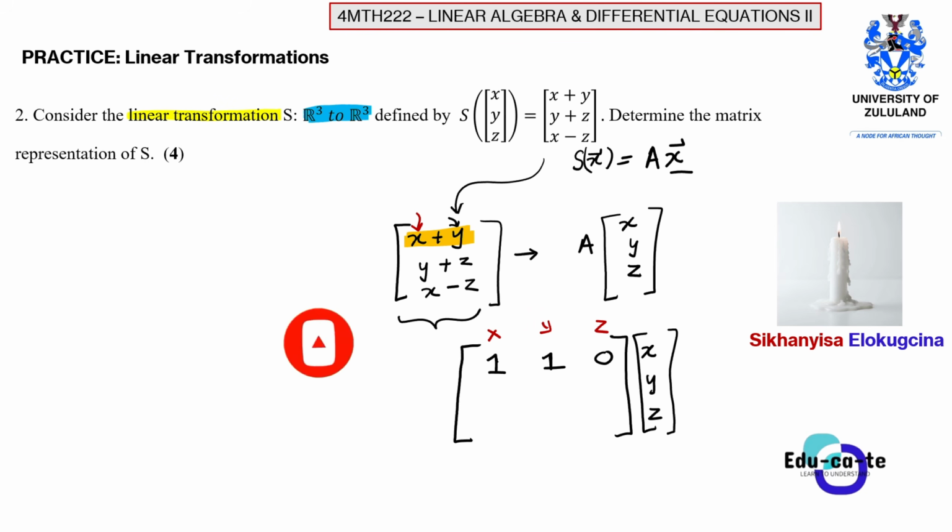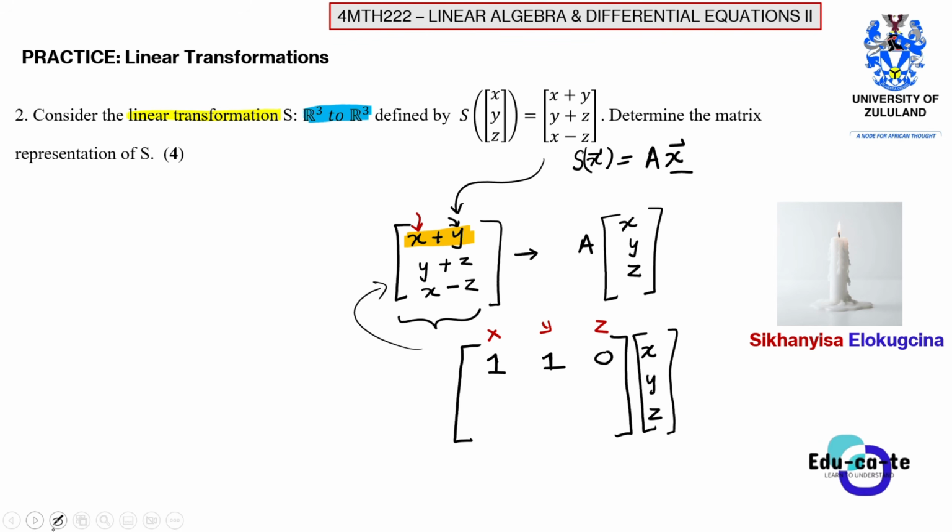If you do matrix multiplication, it must give you exactly that back again. Let's do it again for the second row. The second row is Y plus Z. Having the second row Y plus Z, we need to recognize the coefficients. Starting from X, do we have the coefficient of X in row 2? No. So the coefficient of X is 0 for row 2.